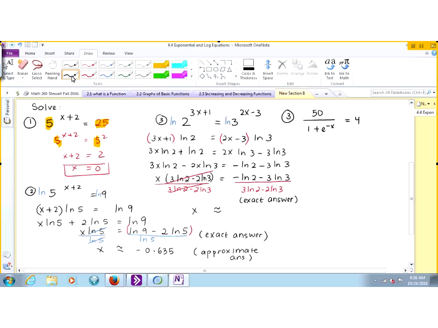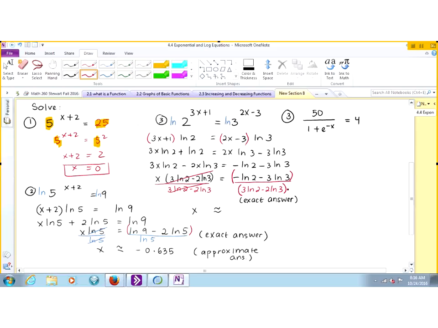And then the next one is negative ln 2. If I calculate this, I'm going to put a parenthesis here and a parenthesis here. So negative ln 2 minus 3 ln 3, close, and then close parentheses on the top.